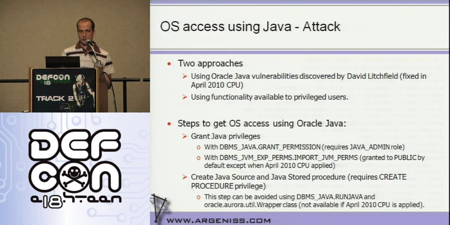Or, instead of creating this Java stored procedure, we can call an existing Java class that Oracle had, the Oracle Aurora util wrapper class, that contained a function to execute operating system commands.